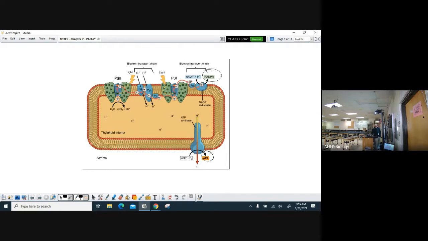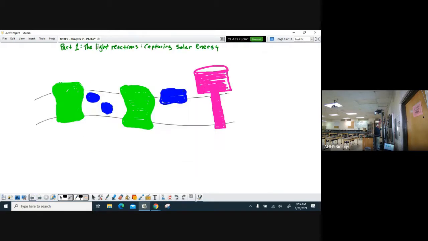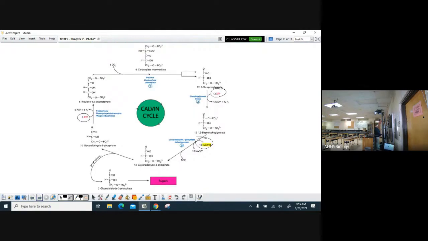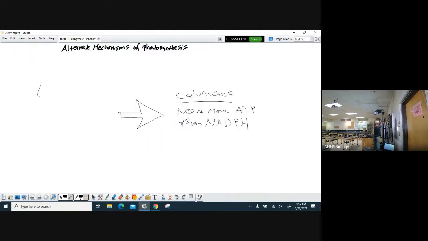And it's not like they can pump that ATP out for use in the rest of the cell. It just doesn't work like that. So we've got a problem where the light reactions produce equal amounts. Okay, let's fix that problem.